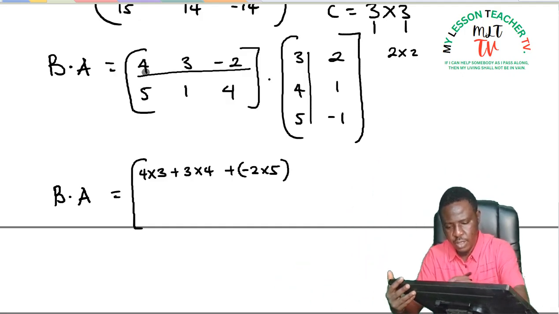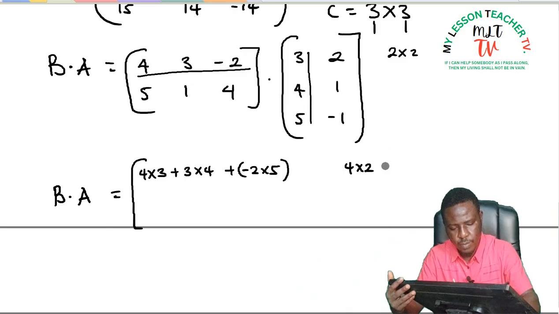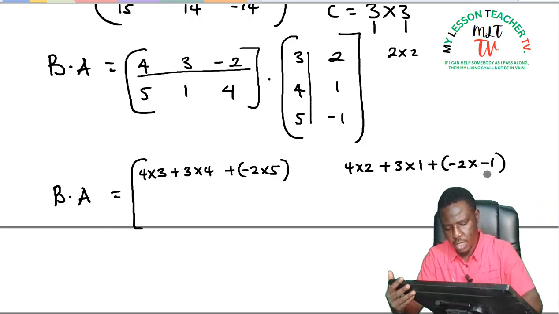C12 is going to be this times this. So we have 4 times 2, plus 3 times 1, plus minus 2 times minus 1.